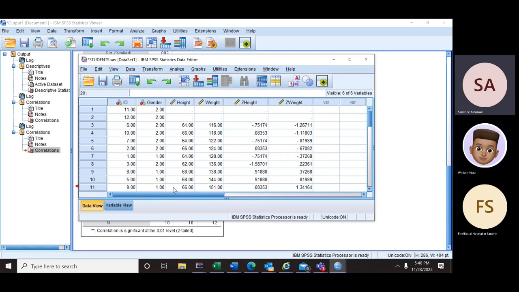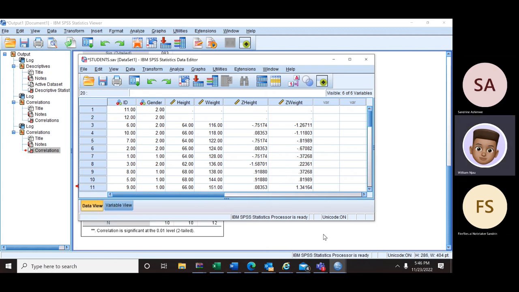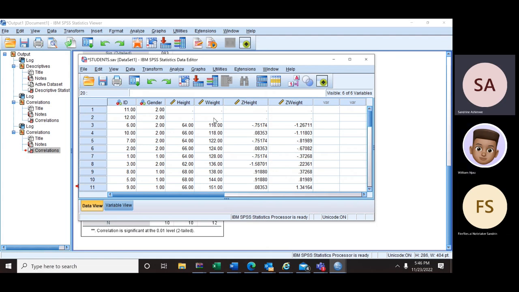When you have the ones, you have 138, 144, 158, but when you have the 2s, the weight is lower. 2 is female. So female have a lower weight compared to the male.